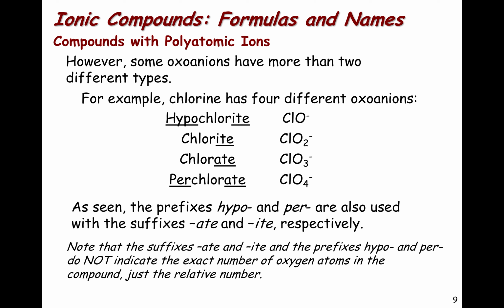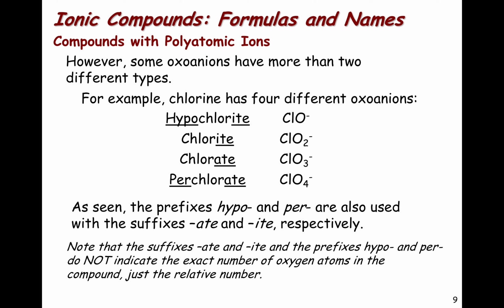So chlorite has one fewer oxygen than chlorate, whereas then to differentiate the ClO minus, this is given the prefix of hypo, which is the lowest or underneath, and so the hypochlorite ion has one less oxygen than the chlorite ion.